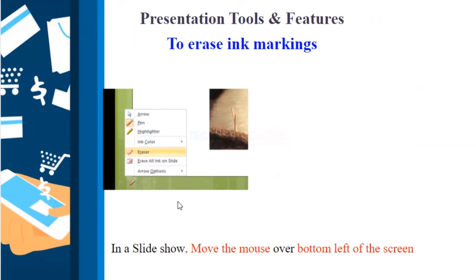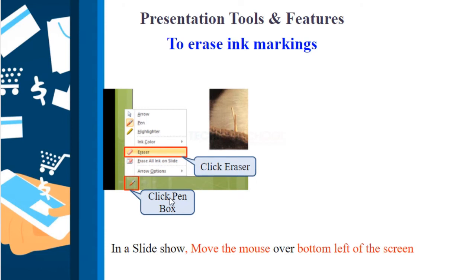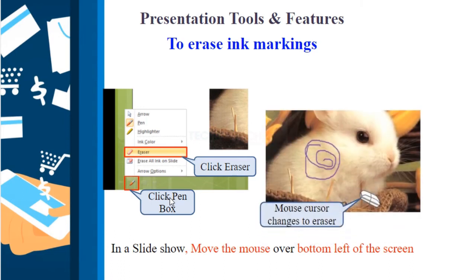To erase ink markings, from the same menu, move the mouse over and click the pen menu option in the bottom left of your screen. Select the eraser to erase individual ink markings, or select Erase All Ink on Slide to erase all the markings.